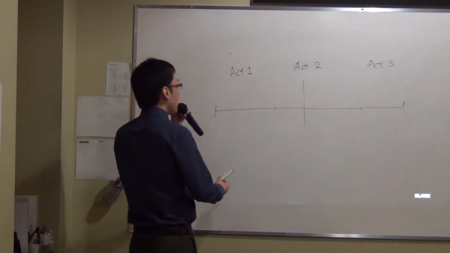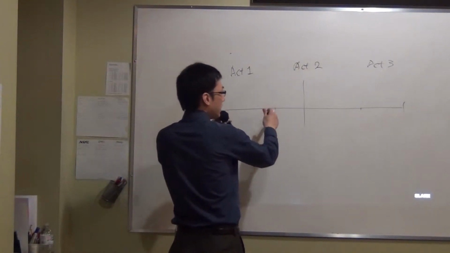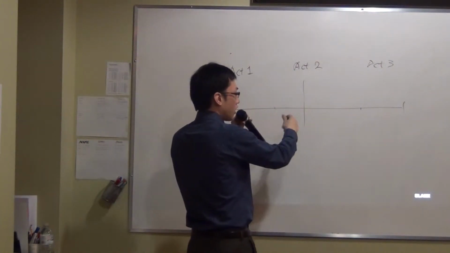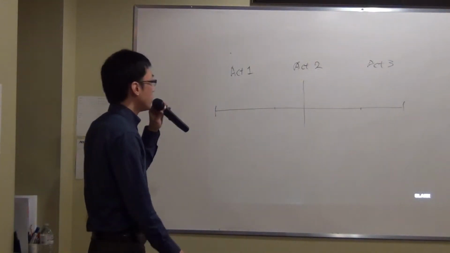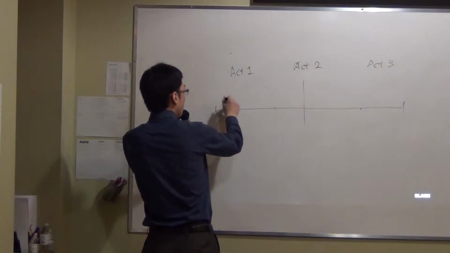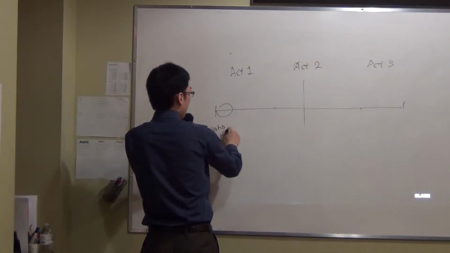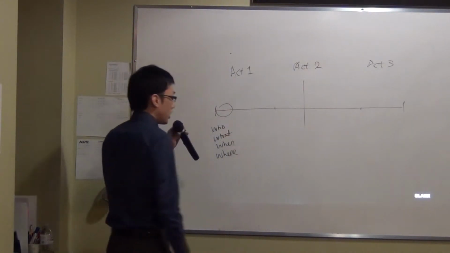Alright, so in Act 1 you have to introduce a character, and then he goes on this journey, or gets into a conflict or chaos, and then resolution. So you have Act 1, 2, 3, and here you have to show the who, what, when, where of your screenplay, of your story.